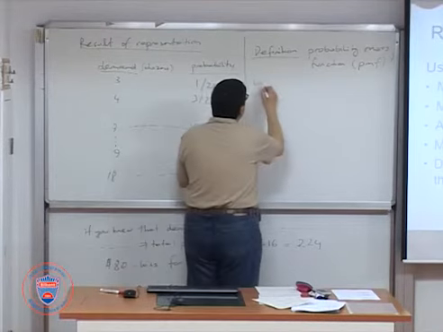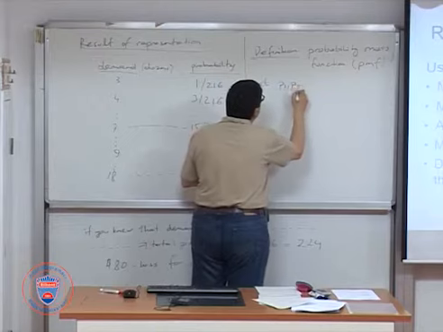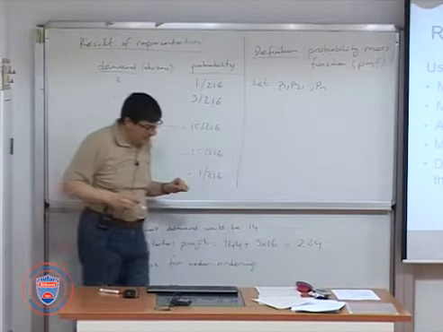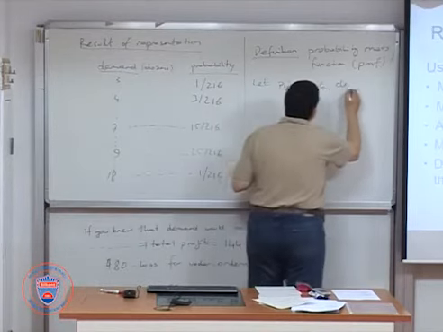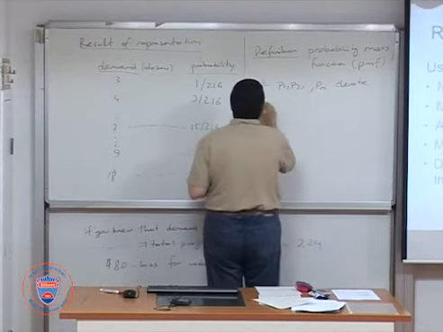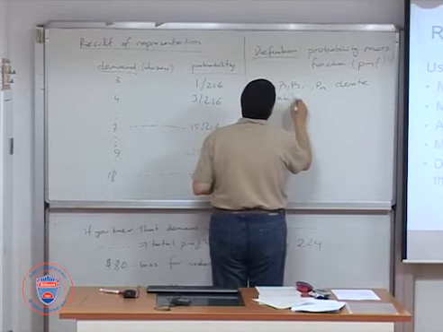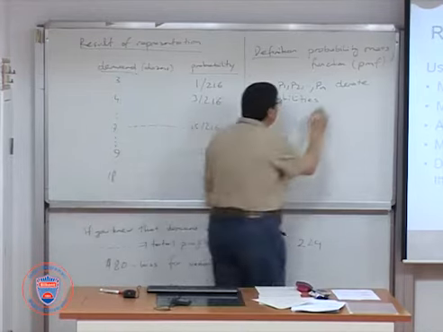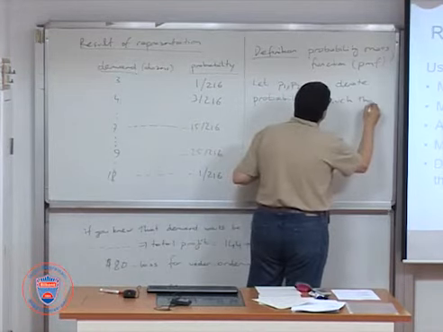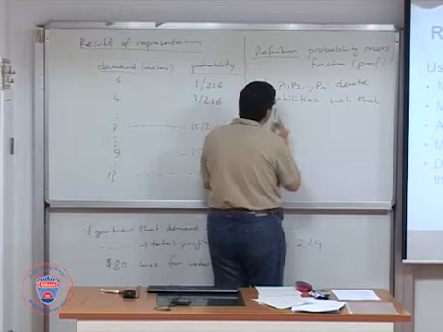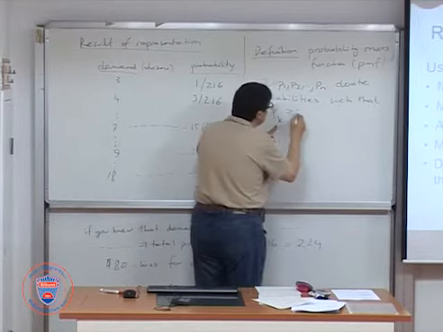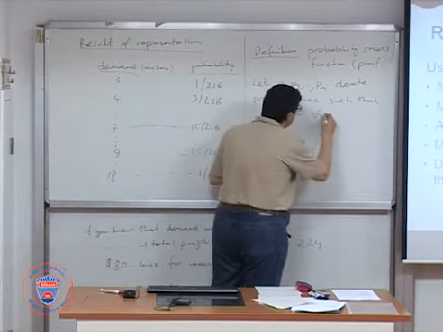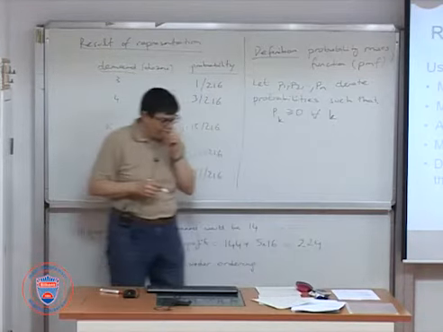And so what we have is, let P1, P2, P sub n denote probabilities such that P sub k is greater than or equal to 0 for all k. Okay?